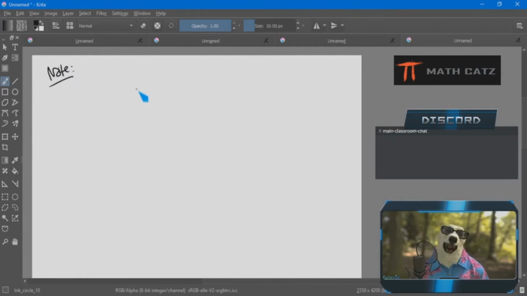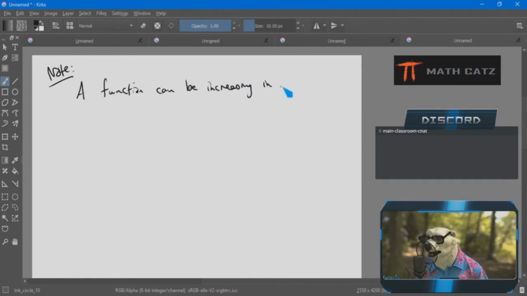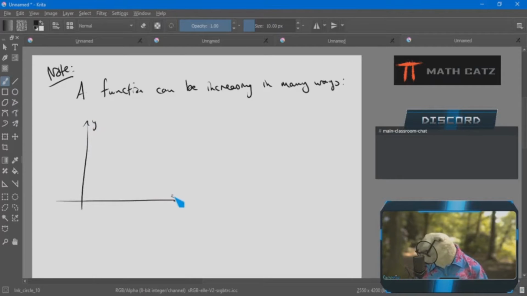If I just stop at increasing, decreasing behavior, notice that I can have many functions or many graphs that are, for example, increasing. A function can be increasing in many ways. Let's visualize that. It can be increasing like this.